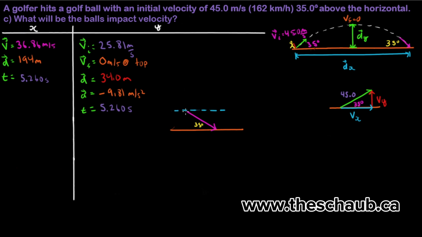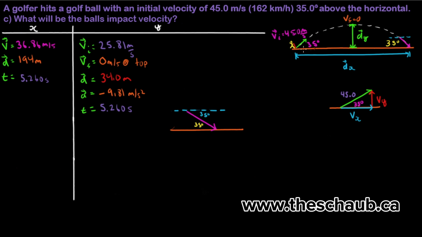This light blue line is just an aid to describe impact velocity. It's sort of a fictitious line that floats here above our vector. The angle we're actually looking for to describe our impact velocity is this angle right here. And this angle is also 35 degrees because if two parallel lines are intersected by a line, then the inside angles are also the same.